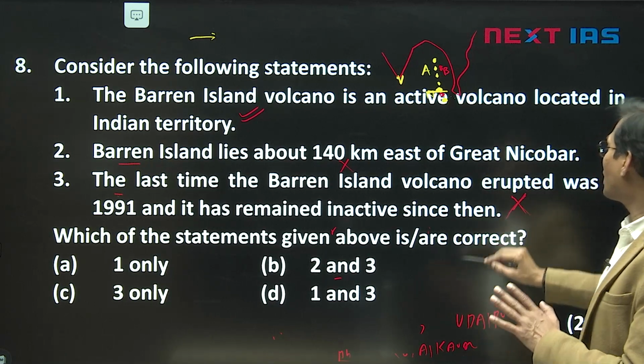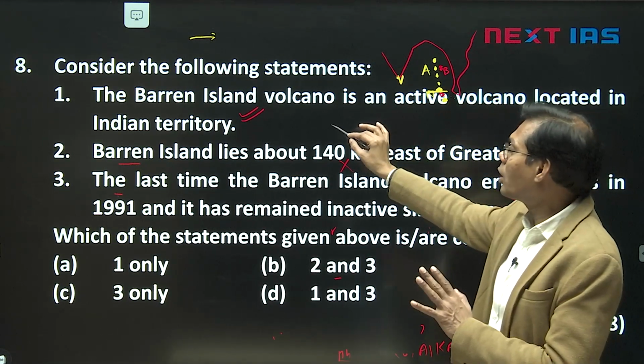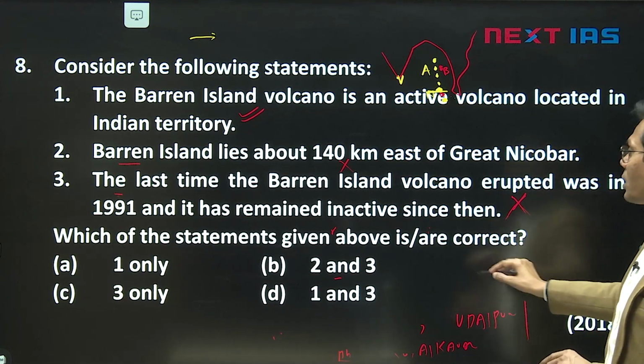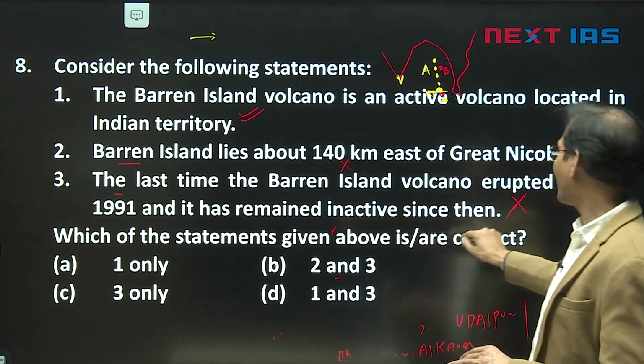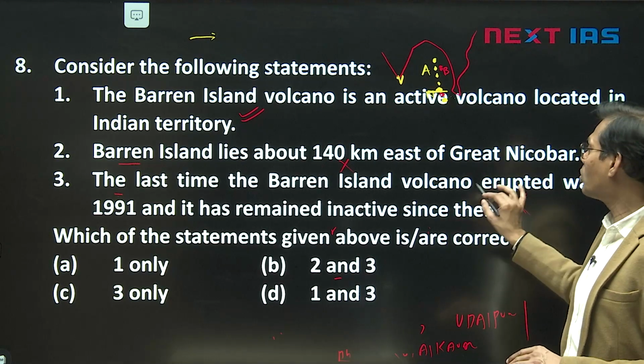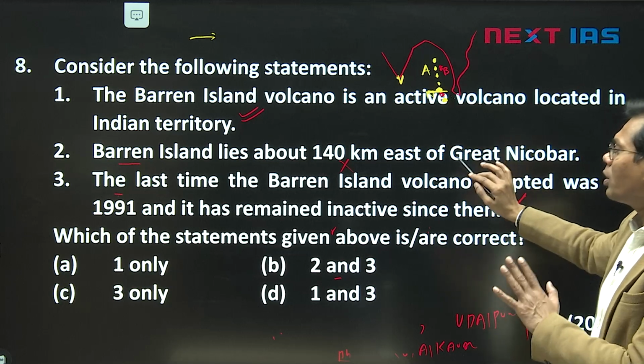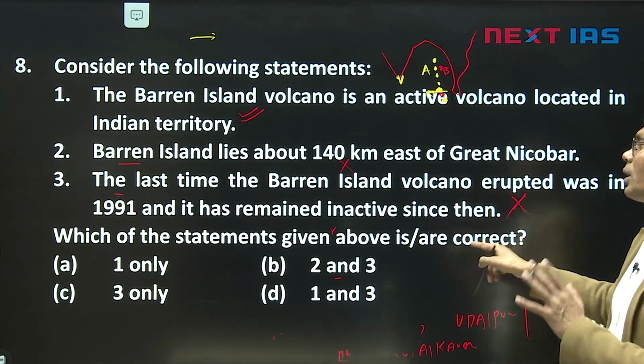So the third statement, everybody is aware, is wrong, if we read even current affairs. The first statement, many of us know, only the second one we may not. So in the options, which of the statements given above is correct, if you remove the two, even if we are not aware of the second, we know the third is incorrect.